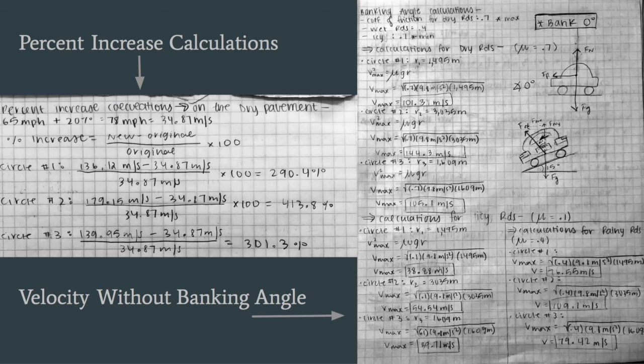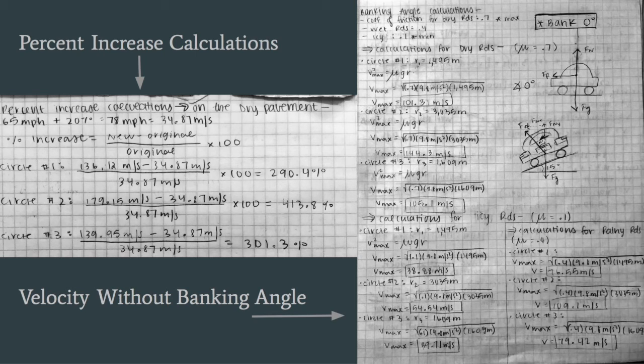So to find the angle, we kept the velocity constant at the maximum velocity for this area, which was 65 miles per hour plus 20%, which is equal to 34.87 meters per second. So using this, we squared 34.87 meters per second and divided it by 9.8 meters per second squared times the radius of each respective circle. And then we did the inverse tangent of that value to find the banking angle in degrees.